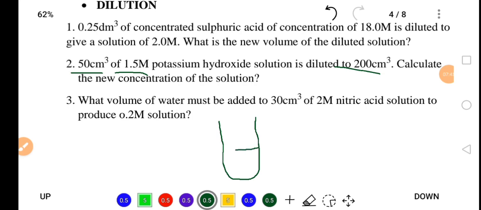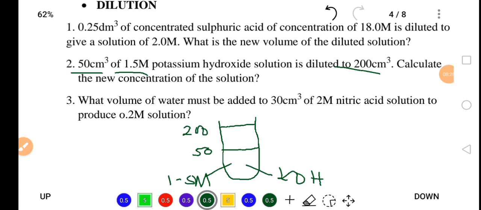We are having 50 centimeter cubic of potassium hydroxide. The volume is 50. The concentration is 1.5 molar. And then we are adding more water up to 200. What will be the final concentration?